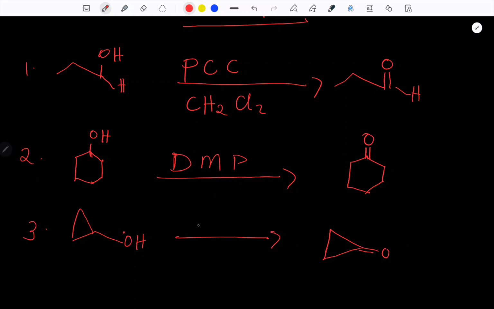So you can also use a weak oxidizing agent, PCC, in dichloromethane.